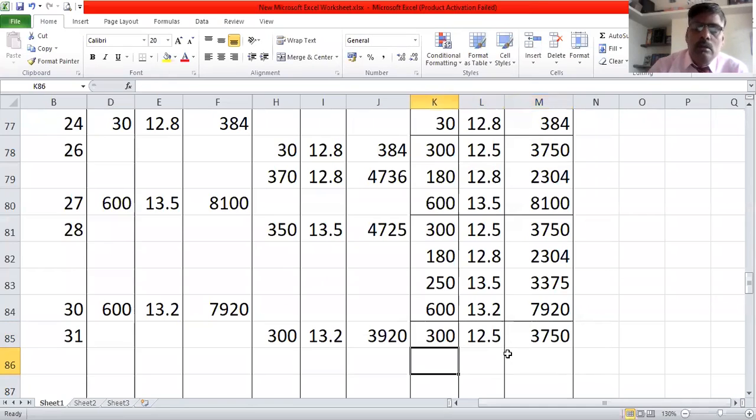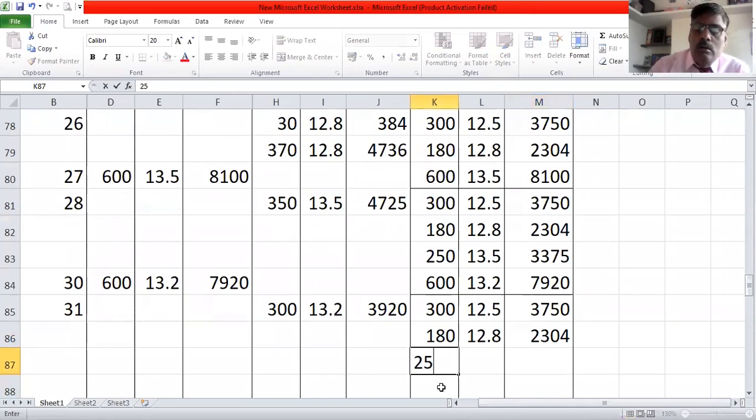Second lot 180 at the rate of 12.8. Balance is 2,304. Then third lot 250 at the rate of 13.5, 3,375.